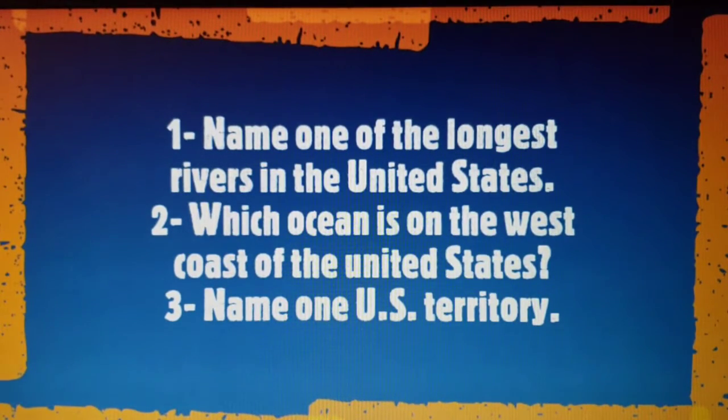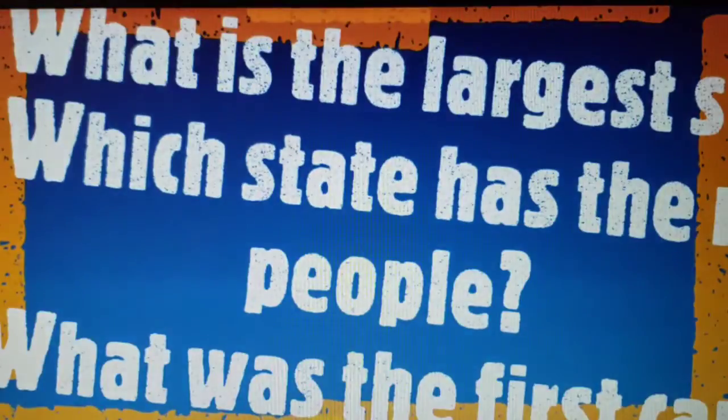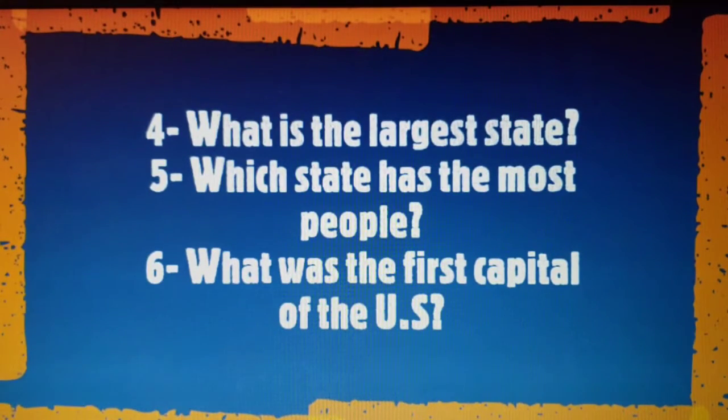Good. Number three, name one U.S. territory. Name one U.S. territory. You can say Guam, you can say the Virgin Islands, and so on. So you just have to know one of those. Okay? Great. Let's continue. Number four.